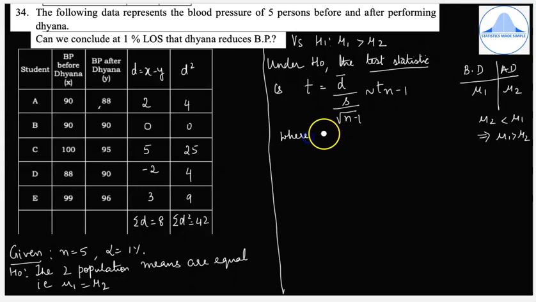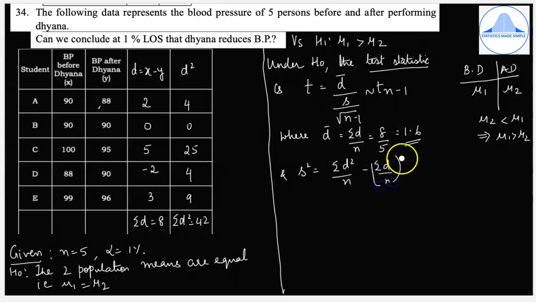So let us write the formula where D bar is equal to summation D by n, which is 8 divided by 5, which is equal to 1.6, and S square is equal to summation D square by n minus summation D by n the whole square, which is equal to 42 divided by 5 minus 1.6 the whole square.